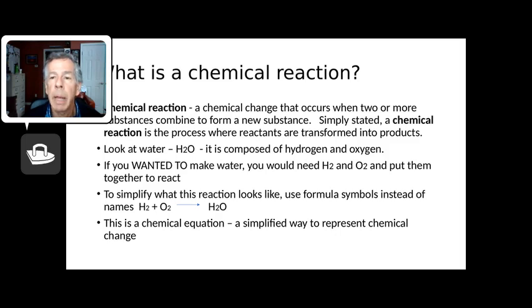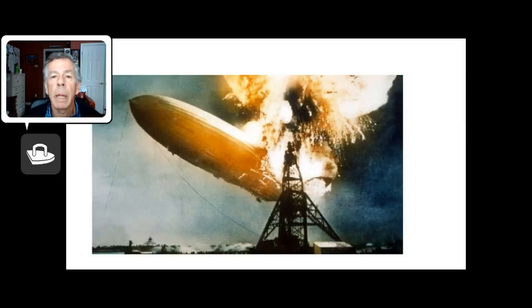But if you were to add hydrogen gas and oxygen gas, you would get something that looked like this. That is called an explosion of a blimp called the Hindenburg. It happened in 1911, I believe. It's around that era. And before that, one of the earliest blimps made actually crossed over the Atlantic Ocean. And why it was able to float is because it was made with hydrogen gas.